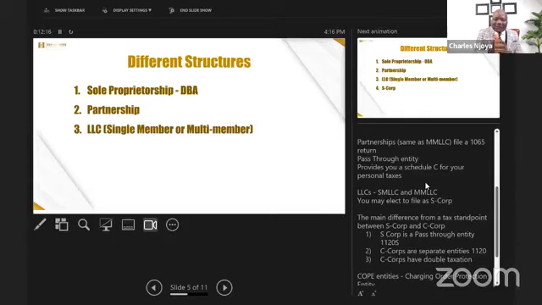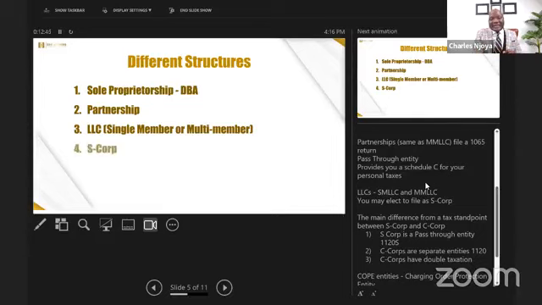When you elect to file an LLC as an S Corp, there's a form called 2553. When you file that form, the IRS allows you to file as an S Corp, which means you're going to file a separate tax return, which is what? An 1120S. Then there's another one, we'll talk about that one.